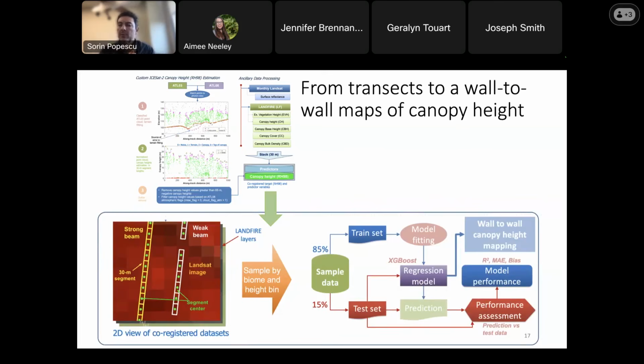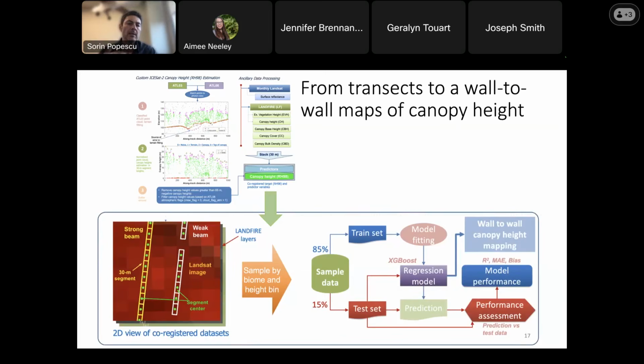The question that's also maybe on most of your mind is, how do we go from those profiles of canopy properties to actually generating some meaningful map products of biophysical parameters such as canopy height, canopy cover, and even biomass?